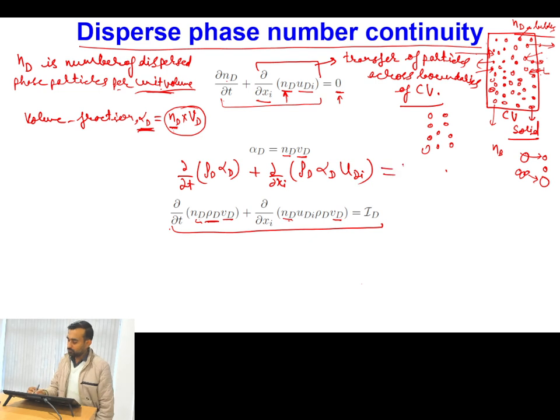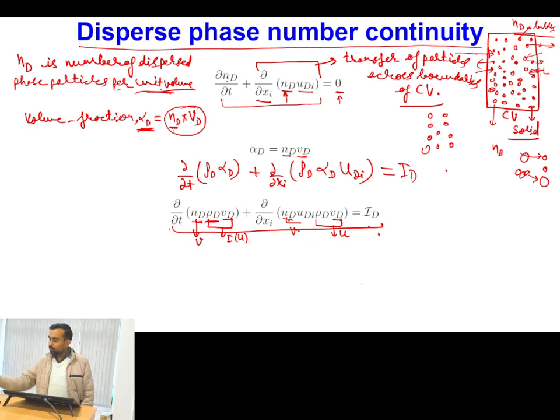And this was equal to Id, the source of the dispersed phase. Are all clear with this point? Now what I can do, this rho d and Vd I can consider as u, and this I can consider v. Likewise, these two can be u and this can be v.